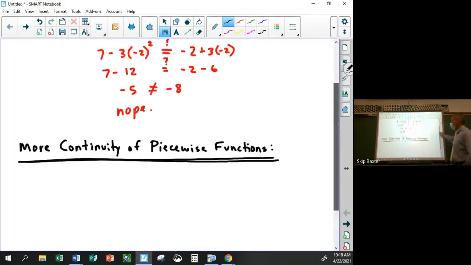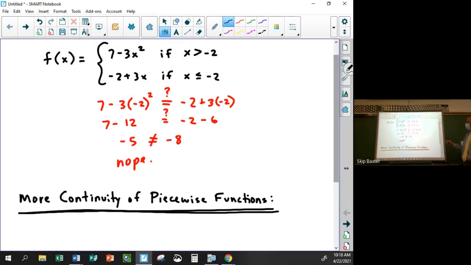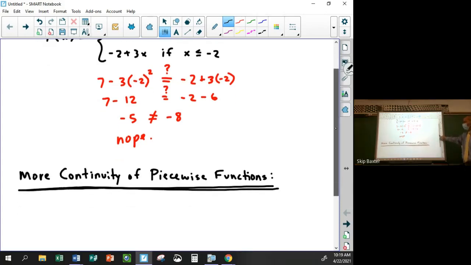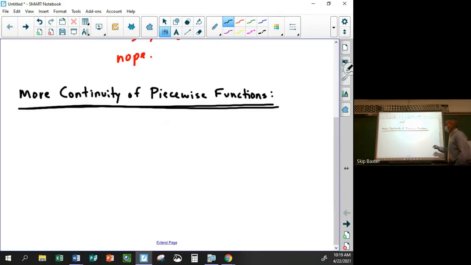Let me just look at this again, make sure I didn't make a mistake. I don't know what I did wrong. I must have copied it wrong because I actually thought that this was a continuous example. So, all right, more continuity of piecewise functions.